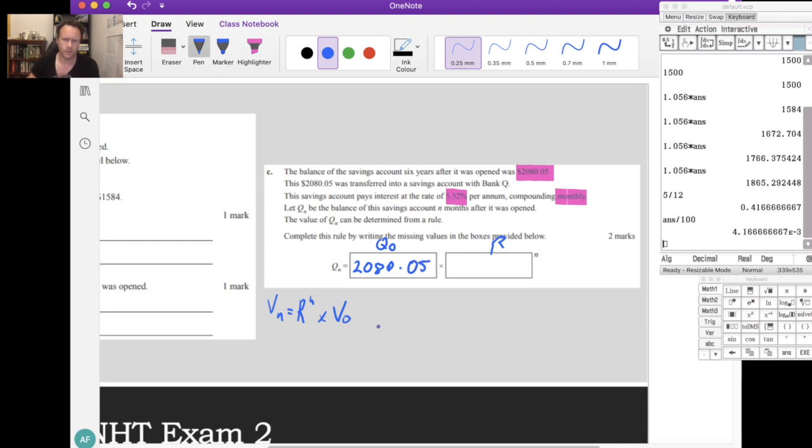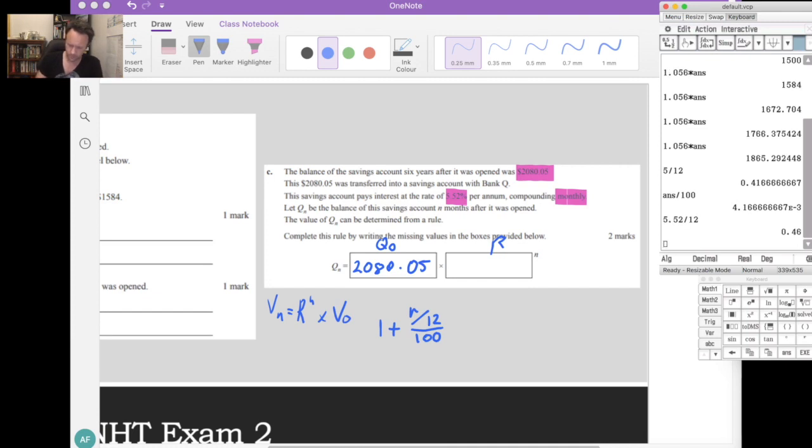For our R value though, hopefully we remember that because we're gaining interest, it's a 1 plus the rate divided by the number of terms. So here it'll be divided by 12 because it's monthly, over 100. I'll punch that in over in the CAS. We get 5.52 divided by 12, and then divide that by 100.